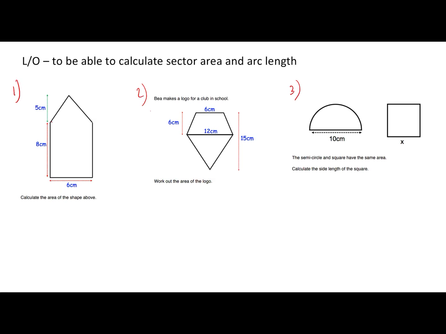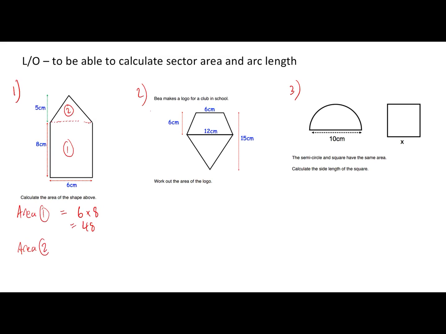Okay, so hopefully you've done that. Obviously the basic strategy is to split them into two. Look at the first one. Split it into two shapes, a rectangle and a triangle. The area of 1, the rectangle, is very easy. That has formula of base times height, which is 48.